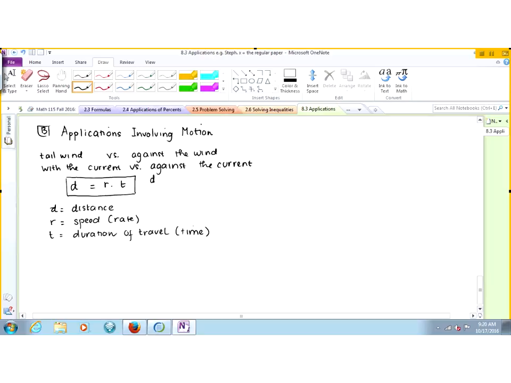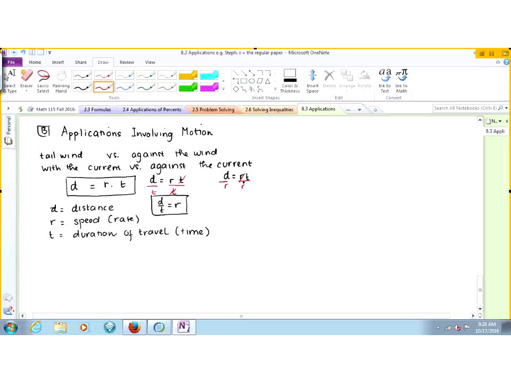Now, how do you solve for R? If D is equal to RT, how do you solve for R? Divide both sides by T. So R is D over T. How do you solve for T?